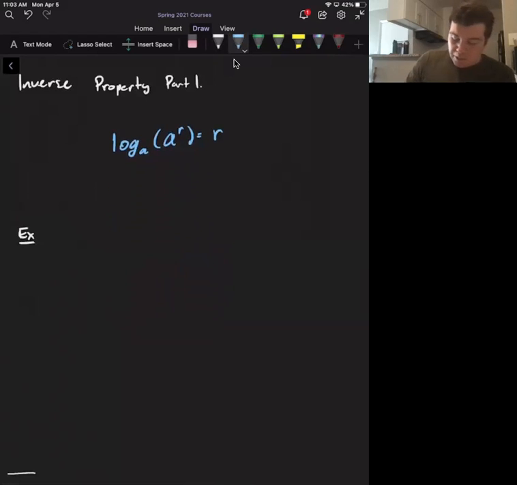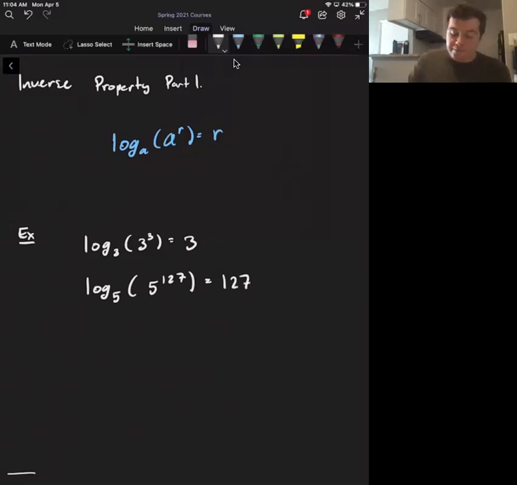And this allows us to quickly solve a whole bunch of example problems. So if we had log 3 of 3 cubed, we can look at our inverse property and note that that's just 3. Log 5 of 5 to the 127. Again, the bases match, so we just get 127.